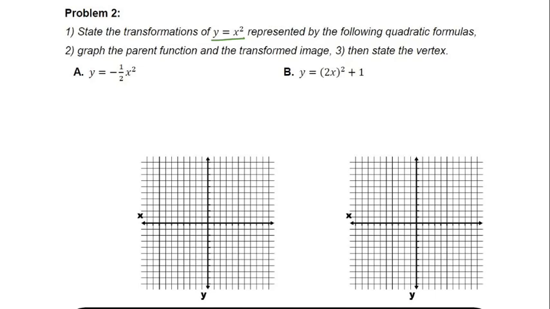Remember that the vertex is the point right there, or if it's like this, point right there. Also, note that your x is inside and backwards. That includes your order of operations. If you have more than one thing going on the inside, you add or subtract, then multiply.